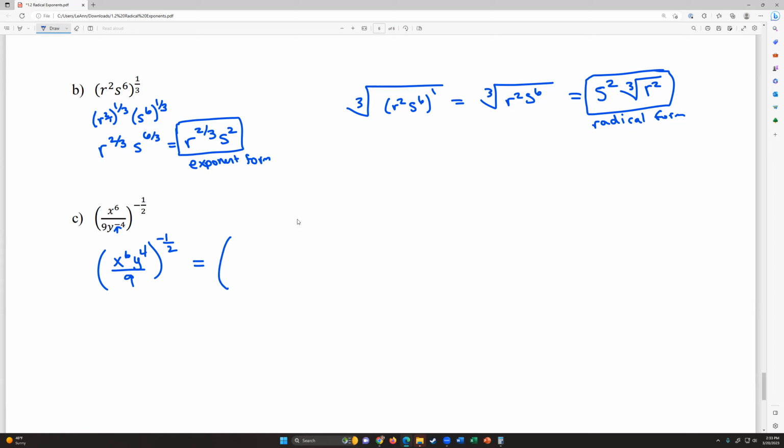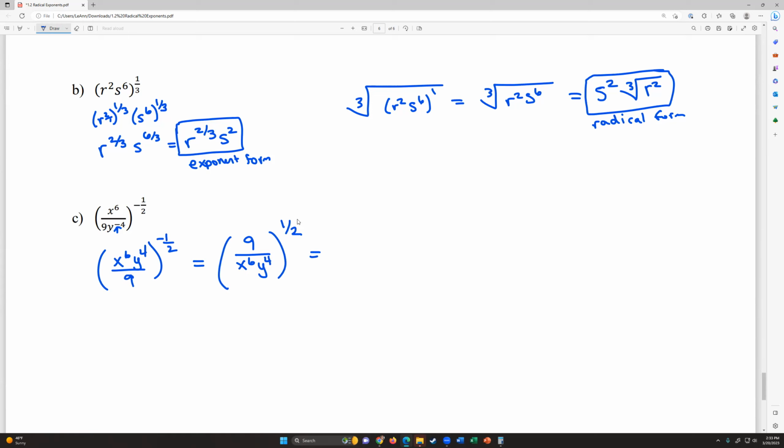We flip the whole fraction, make it its reciprocal, and that turns that into now a positive 1/2 for the outside exponent. Okay. So I moved this first because this was a negative exponent, moved it up to get rid of the negative exponent on the outside. We flip everything. And notice that doesn't change anything about the bases or their exponents when you do that move. It's only changing the sign of the outside exponent.